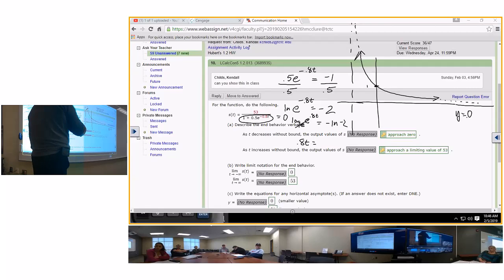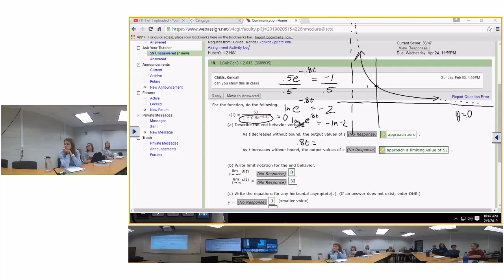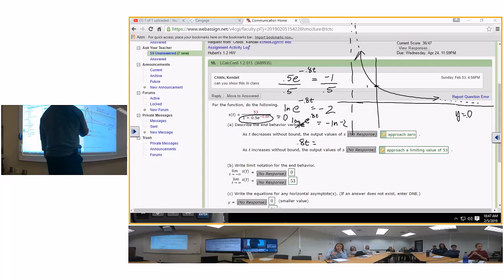Somebody give me the natural log of negative 2. What is it?